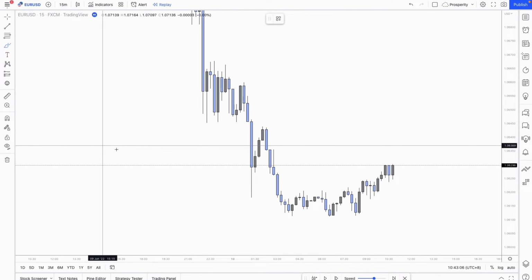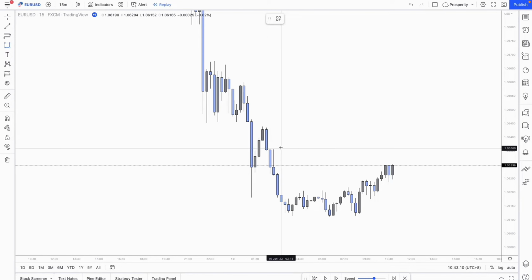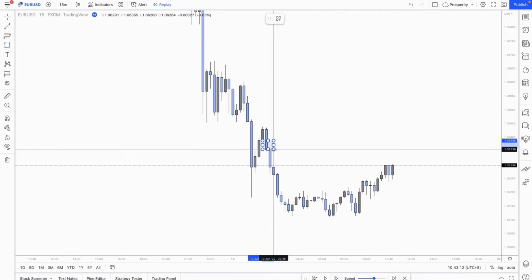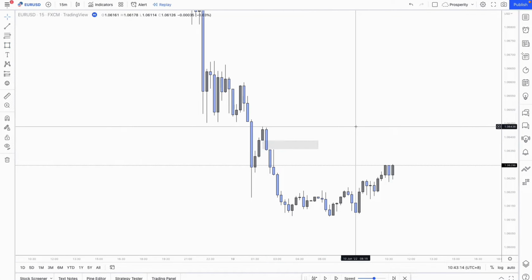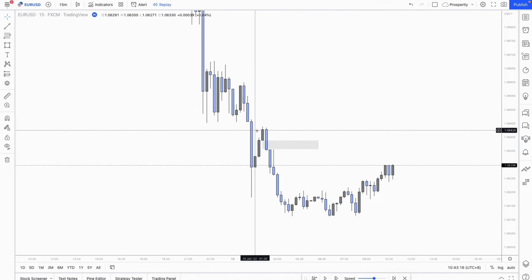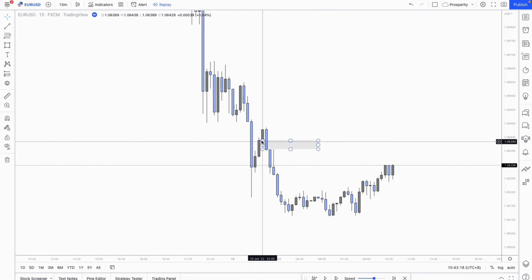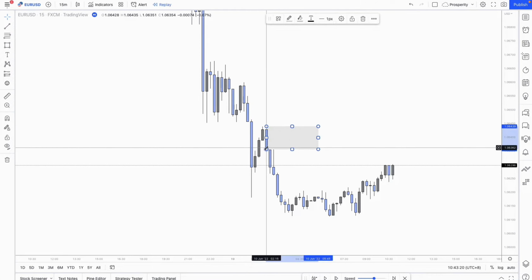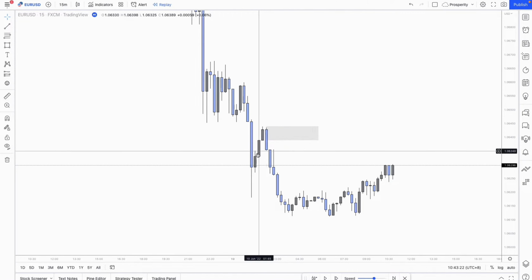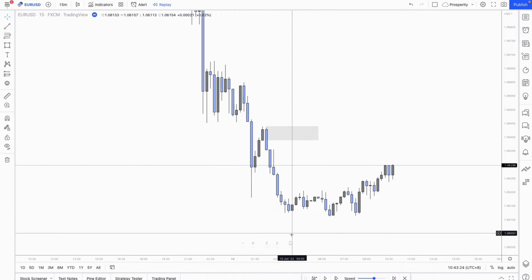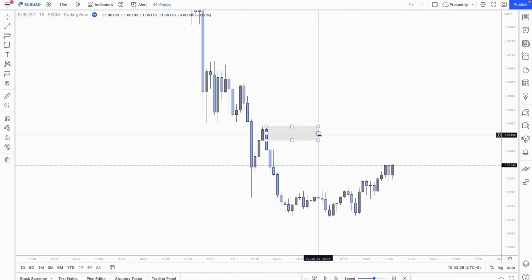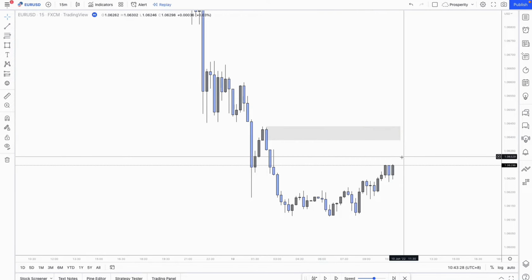So if you take a level of imbalance, and we know we have imbalance from this to this, now what is the zone before? I like to call it the buy to sell, because price first bought and then sold. That there is a level of supply.